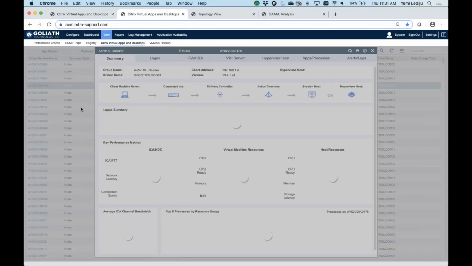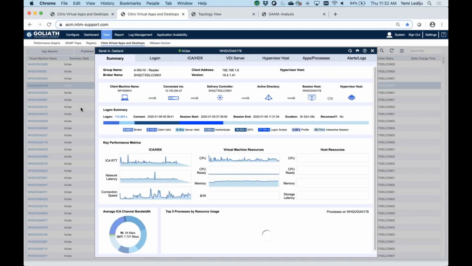They clicked on the session, and similar to the earlier example, they got a pop-up of 8 tabs showing them all of the information they need to troubleshoot issues in this user session, starting off with, again, the summary tab. In this case, they didn't look at the top section very much or the logon duration, because they knew that this particular issue was focused on in-session performance.